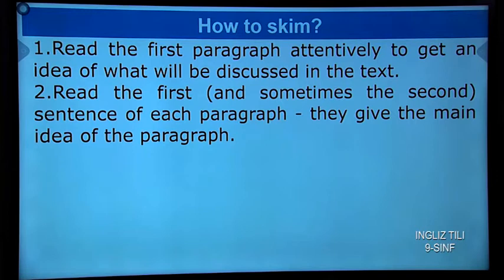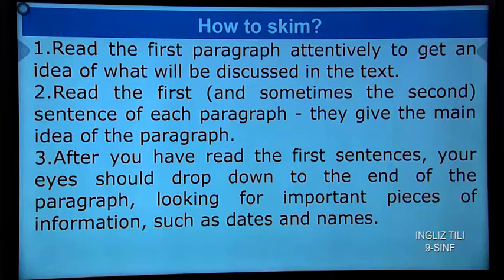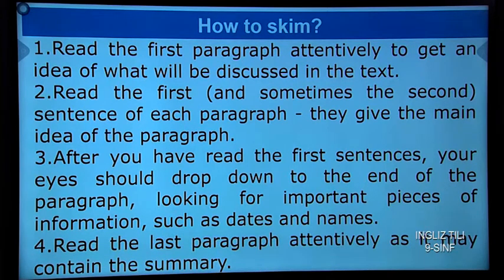They give the main idea of the paragraph. Third, after you have read the first sentence, your eyes should drop down to the end of the paragraph, looking for important pieces of information such as dates and names. Finally, read the last paragraph attentively as it may contain the summary.